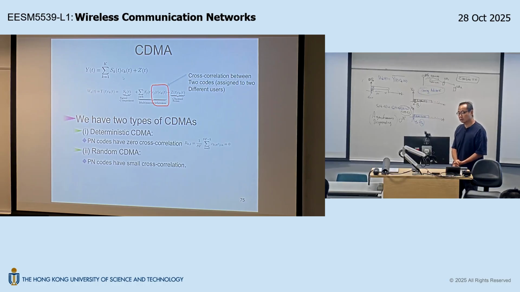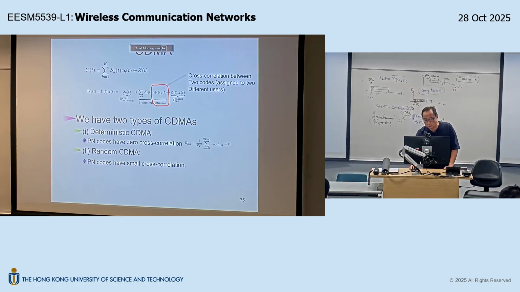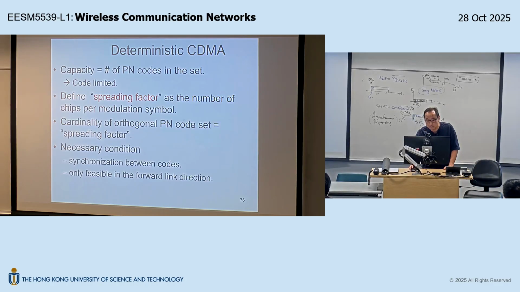And that's deterministic CDMA. By carefully designing the spreading sequence assigned to each individual user, you hope to achieve this zero cross correlation. But this zero cross correlation condition can only be maintained under zero timing offset. So for deterministic CDMA, the capacity is limited by the number of such PN codes or spreading codes you can find.